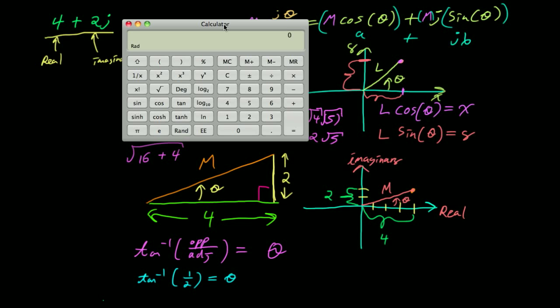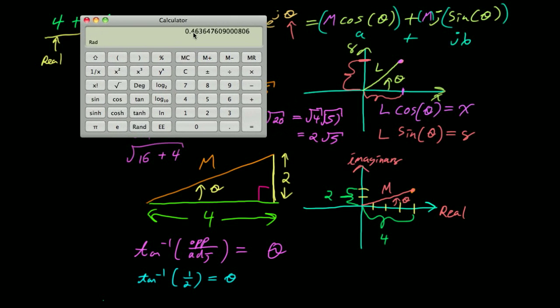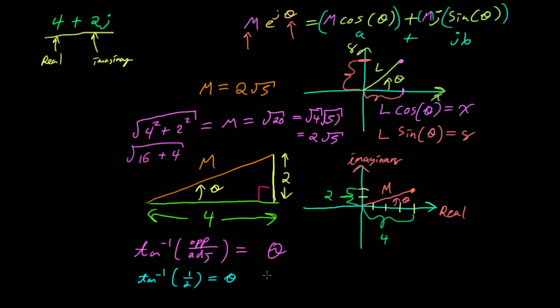Everything you do in this course is in radians. So I do 0.5, shift, inverse tangent, and I get that the phase angle is 0.4636. So that phase angle is 0.4636 radians.